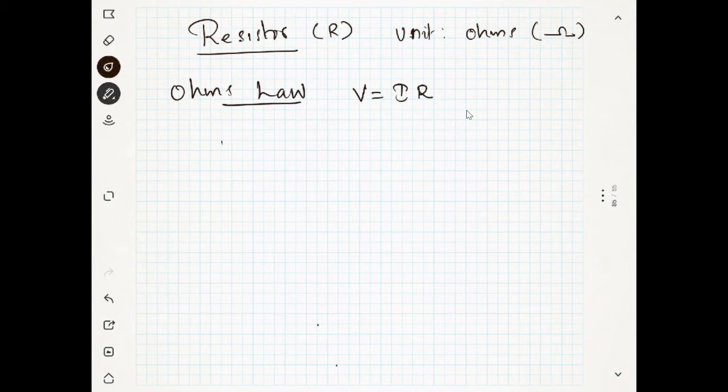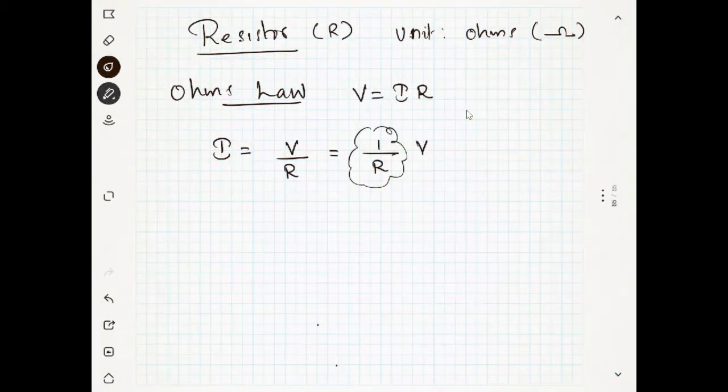Or I can say I is equal to V over R. We can write it in another way, 1 over R into V. And this 1 over R has another notation, which is G. We will call this conductance, G equal to 1 over R, and the unit is Siemens.